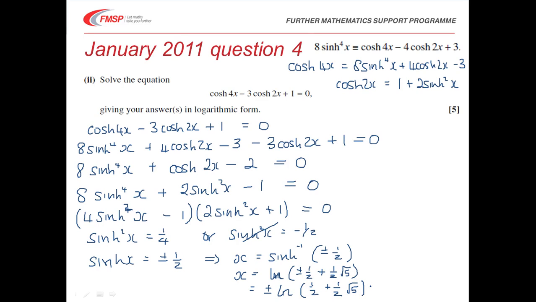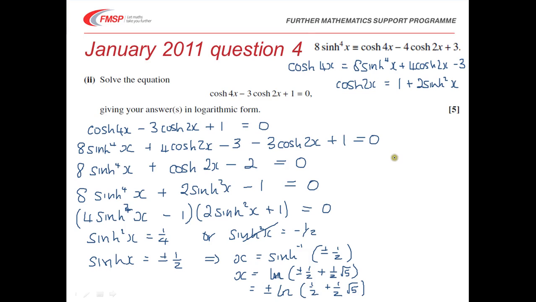So there's quite a lot of manipulation there that you need to be careful with. So in terms of marks, you got a method mark here for substituting in the result from part 1, that cosh 4x was 8 sinh to the power 4x plus 4 cosh 2x minus 3.